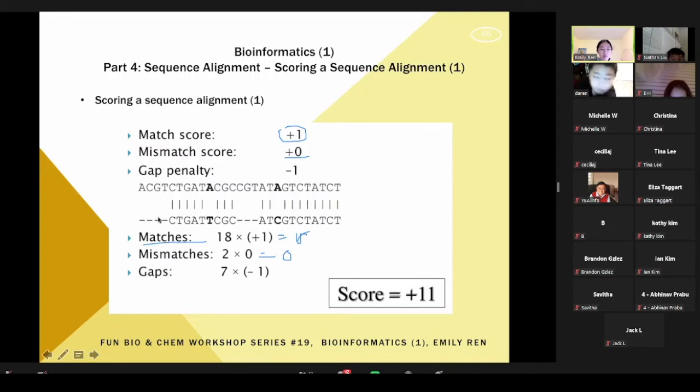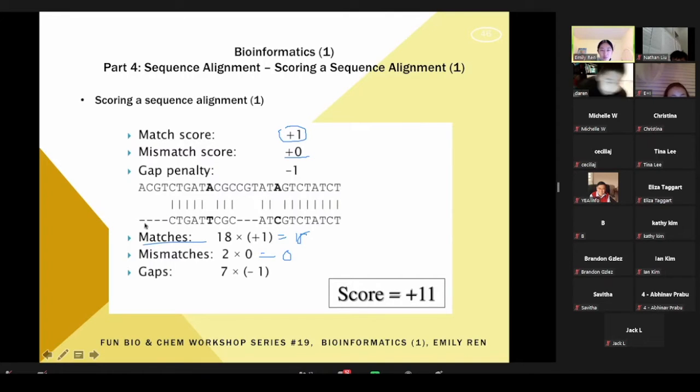For gaps, gaps are basically any spaces in the genome. So here we have A with nothing. So this nothing just basically implies that it's an insertion or deletion. And this entire sequence is shifted to the right because of this gap.